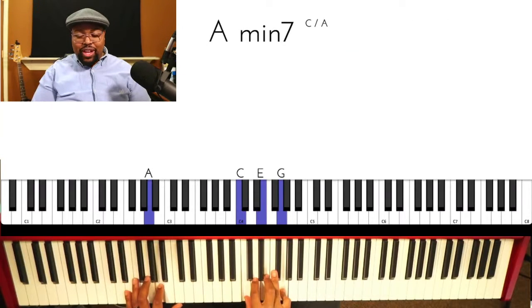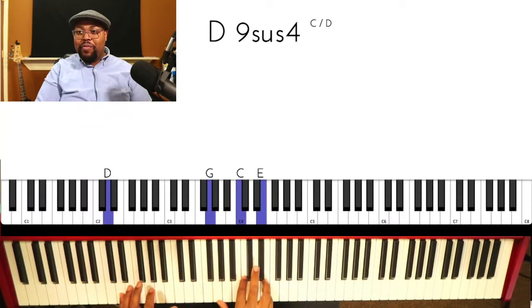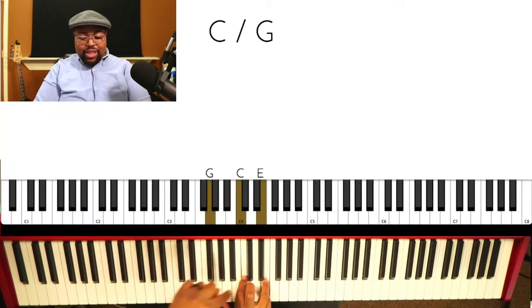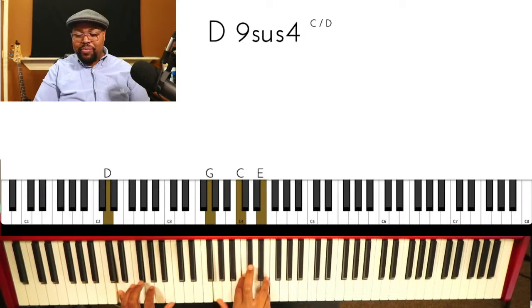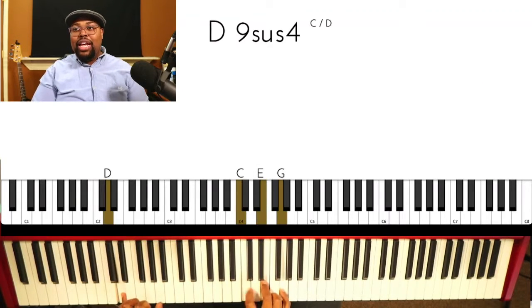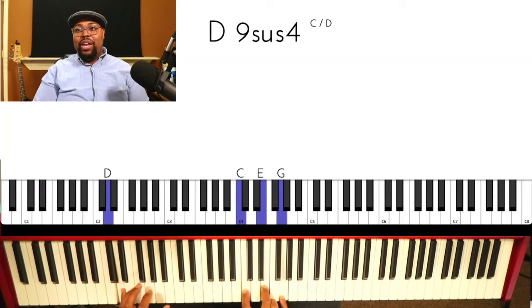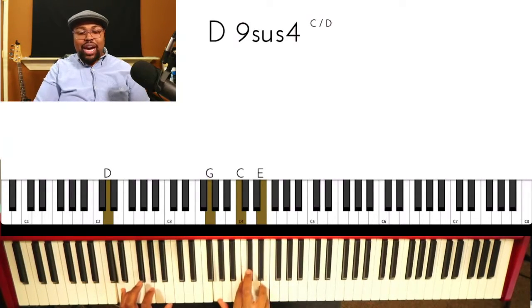Okay. Now the next part. I'm just playing a C major chord with a D in the bass. Remember, I want that melody on top. So I'm not going to play that C major like this, because the melody, "yes, Lord," is an E. If I put it like that, then that E is in the middle of the chord. I want it on the top, so that's why I brought the G down an octave.